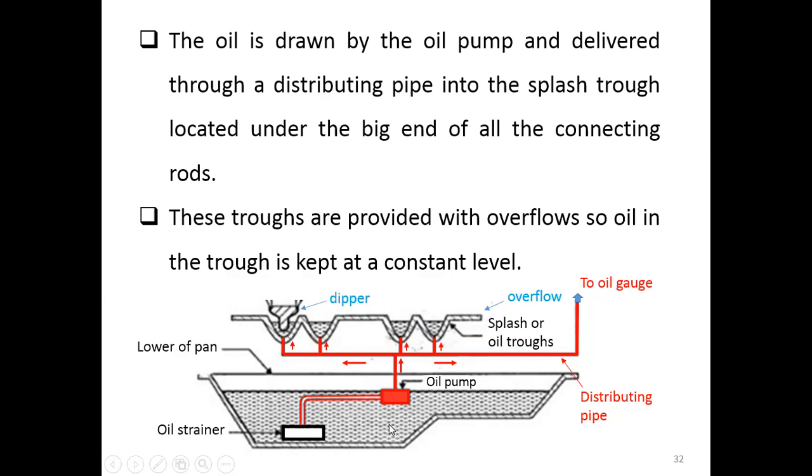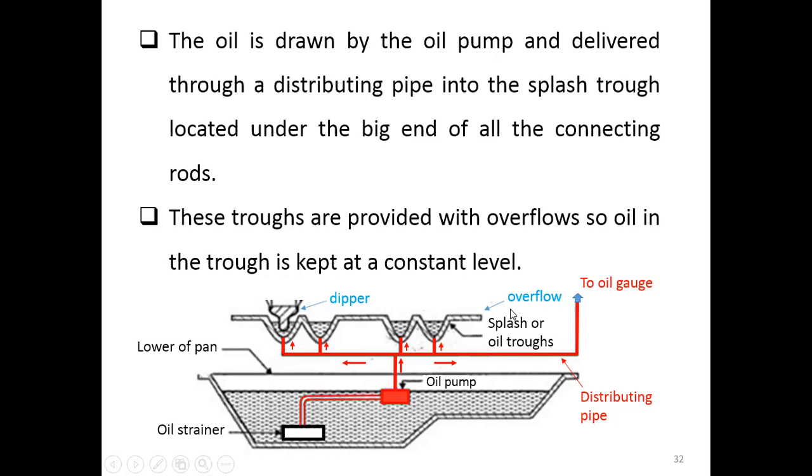So we don't want the oil here to fill over this level, or in other words, we want to keep the oil level in the trough constant. Always constant, after we fill the oil in the trough with the pump here. So the level of the oil here is always constant because of this overflow here.